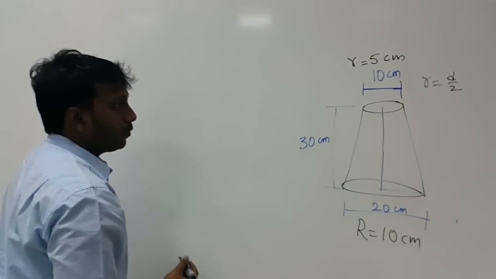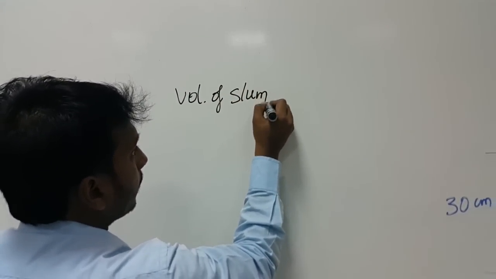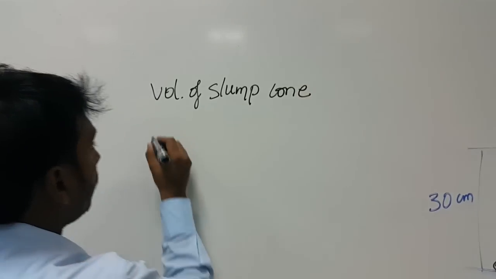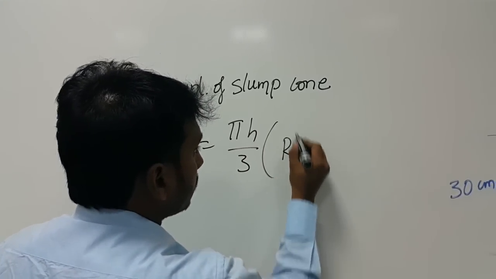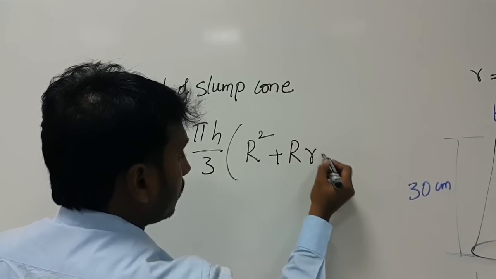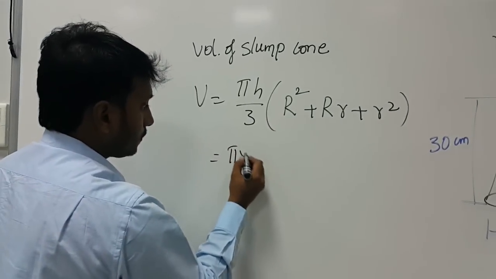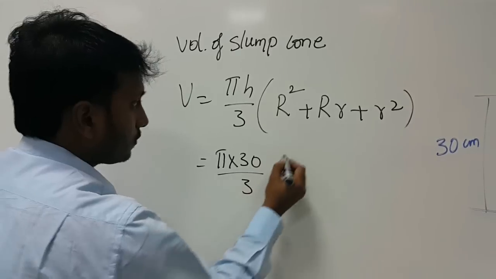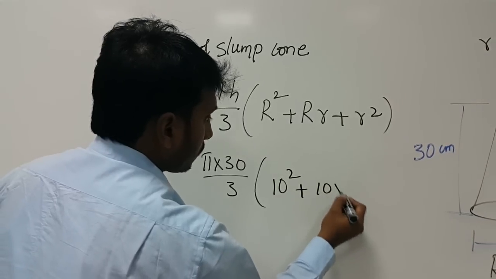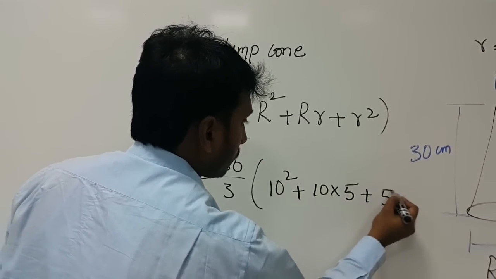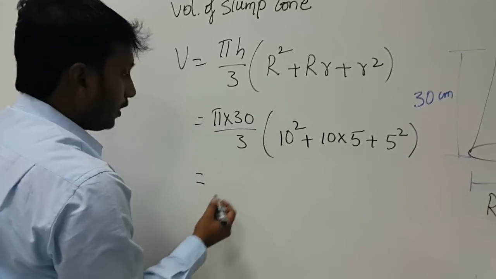First we'll find out the volume of the slump cone. We have a formula for the volume of a slump cone: pi h by 3 times (R square plus R r plus r square).